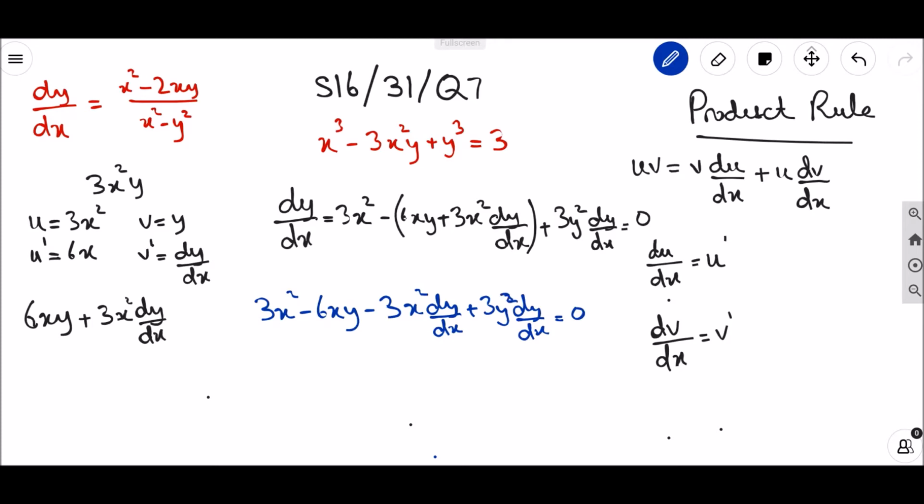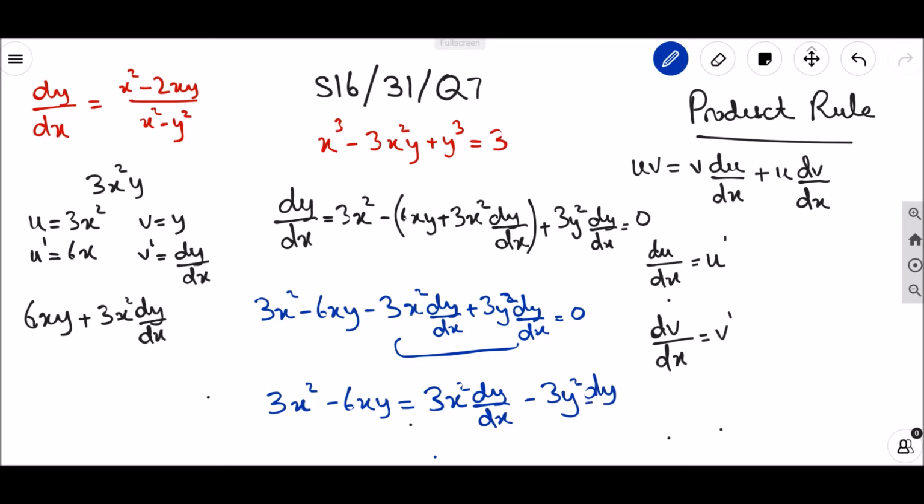Now we can bring all the dy over dx on one side and the rest of the values on the other side. So it will become 3x squared minus 6xy is equal to 3x squared dy over dx minus 3y squared dy over dx.